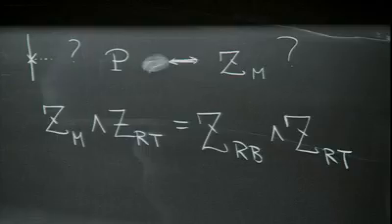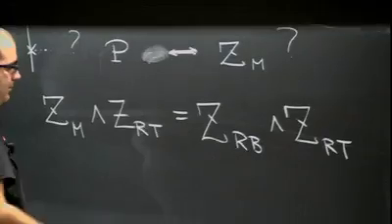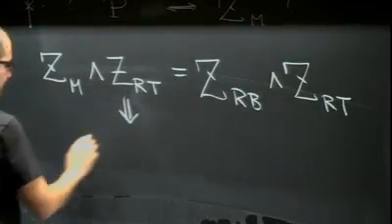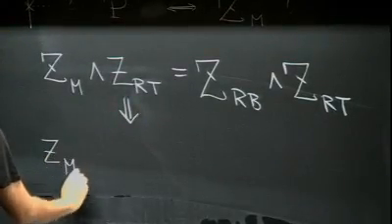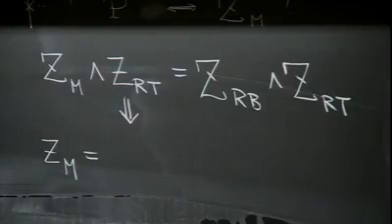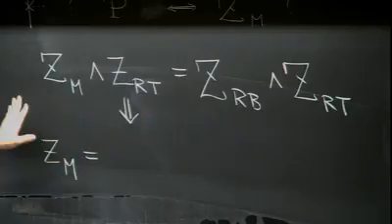Because this cusp can be thought of as coming from these two twistors or these two twistors. Both twistors intersect at the same point. So what does it tell you about this Z middle? So this is equal to this. What does it tell you about Z middle?